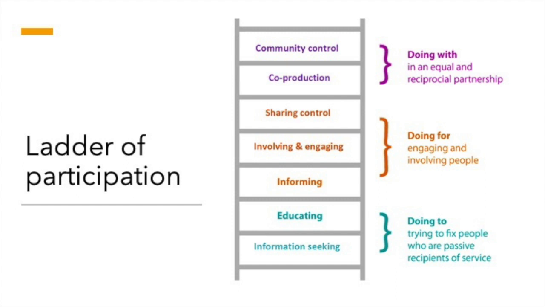Some small organisations start at the top because they grow out of community activity, and they need to be careful not to fall down the ladder as they grow and develop expertise and professionalise, so look out for that. One way to avoid this for charities is to maintain user involvement on your trustee board. They are the directors of the charity.